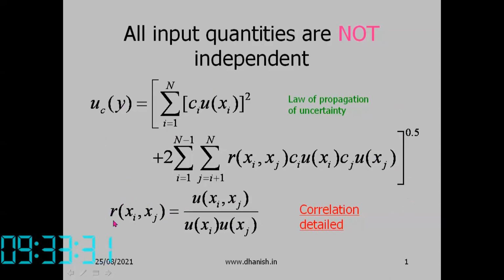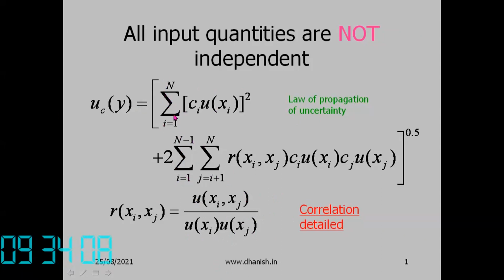The correlation coefficient R between xi and xj is the standard uncertainty of xi comma xj, which is the standard uncertainty of two variables together, the covariance, divided by the standard uncertainty of xi into the standard uncertainty of xj. Here the sum is i equal to 1 to n, all the terms 1, 2, 3, up to n, but for the additional term we have i equal to 1 to n minus 1.